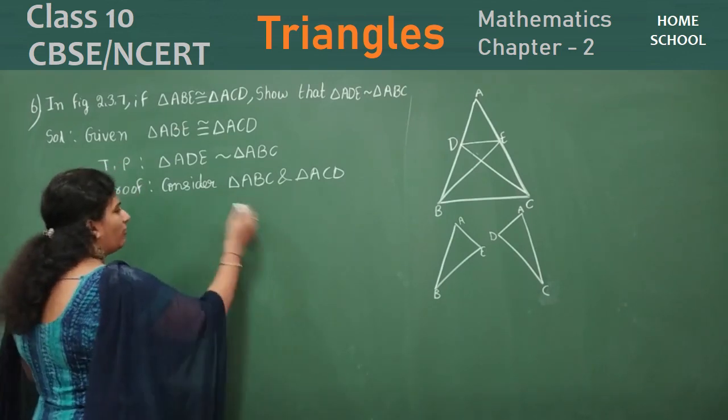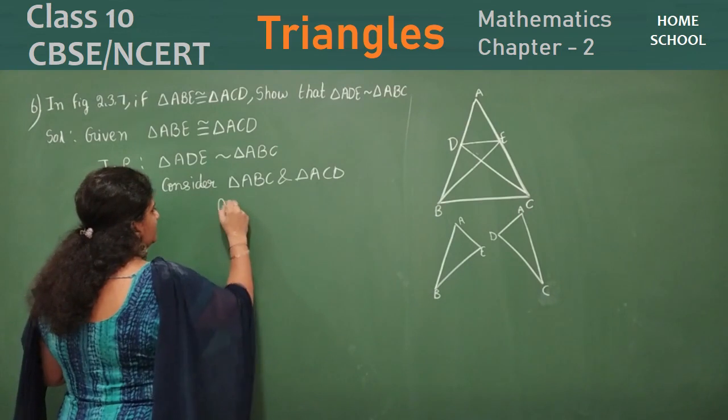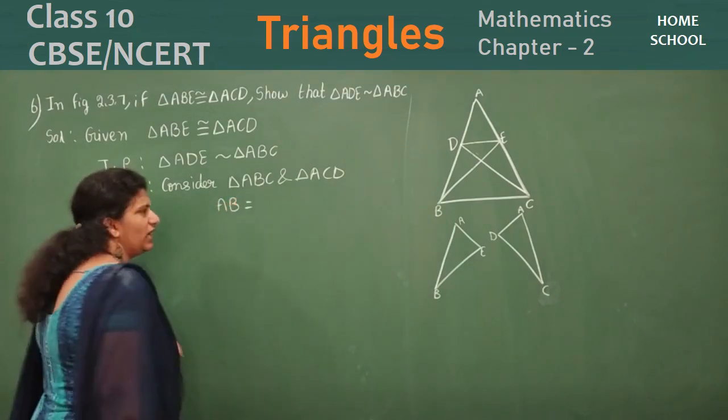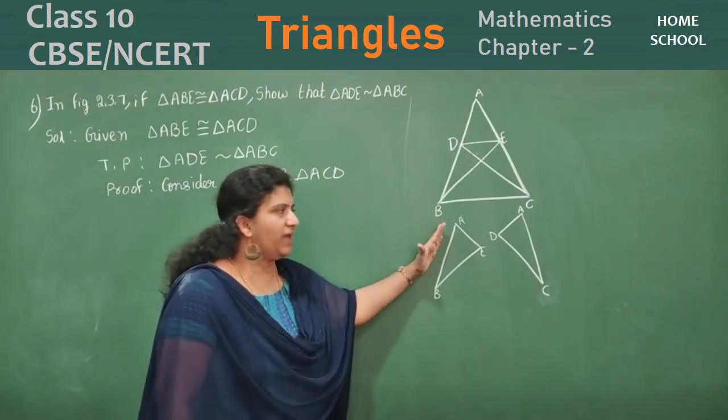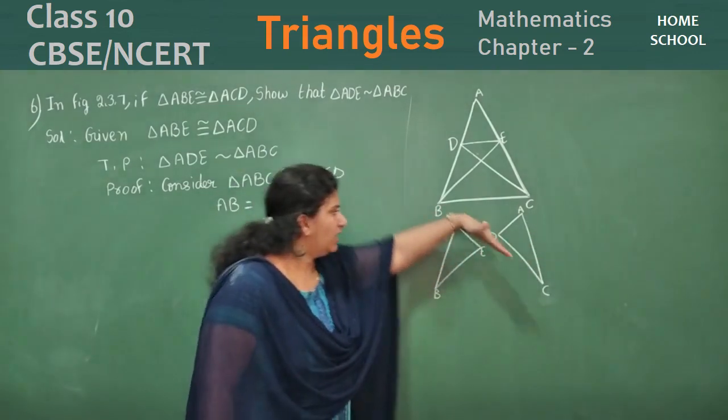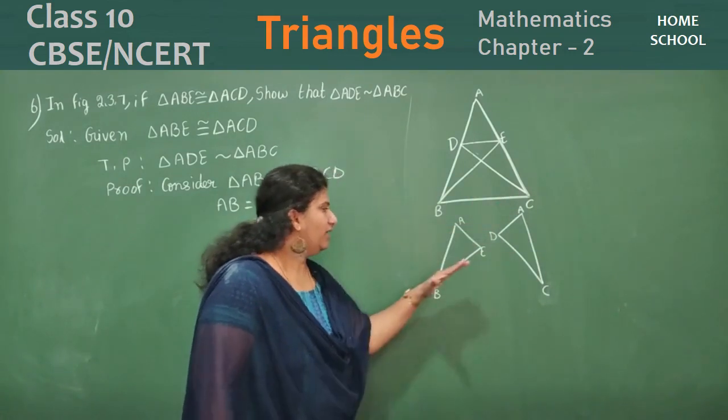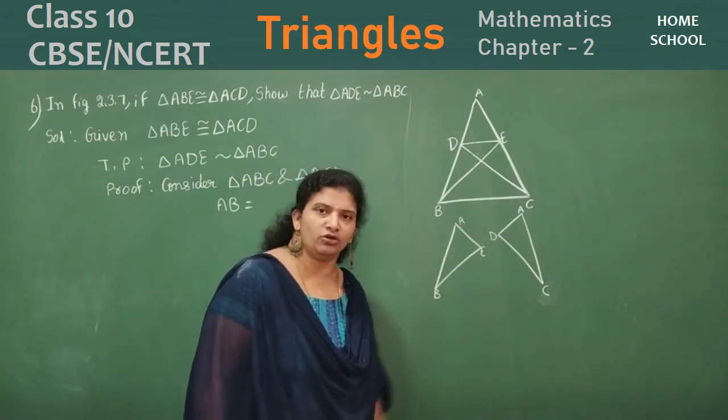So now I am going to compare the ratio. Look here, which sides are you going to compare? AB, AC, AE, AD, BE, DC you need to compare.